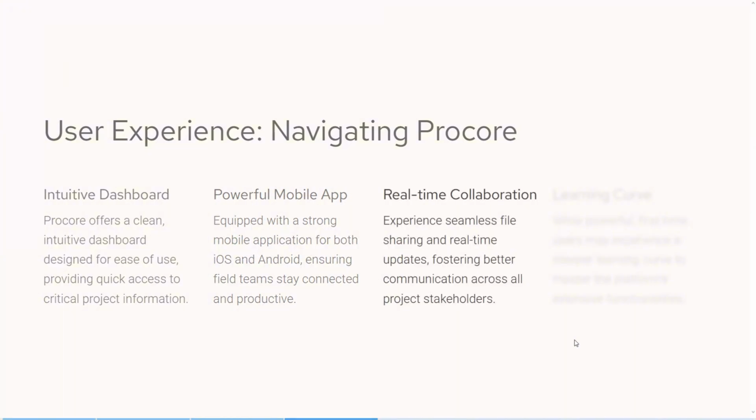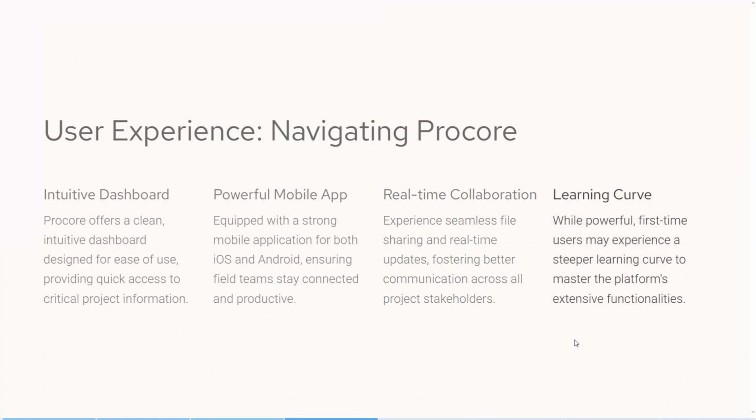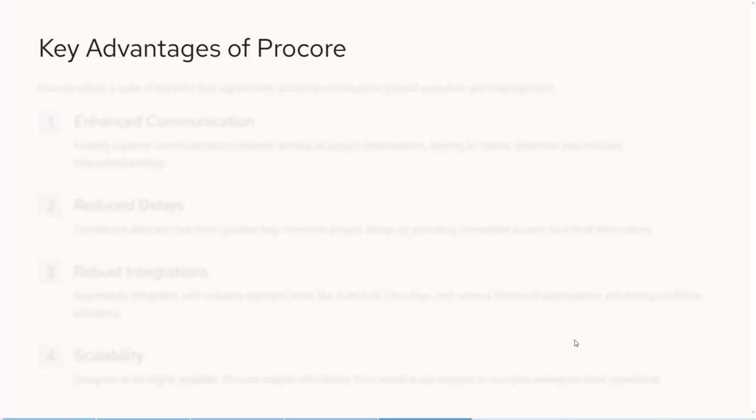For the real-time collaboration, experience seamless file sharing and real-time updates, fostering better communication across all project stakeholders. And of course, it has a learning curve that is somewhat nice. While powerful, first time users may experience a steeper learning curve to master the platform's extensive functionalities, but it's nothing hard to master.